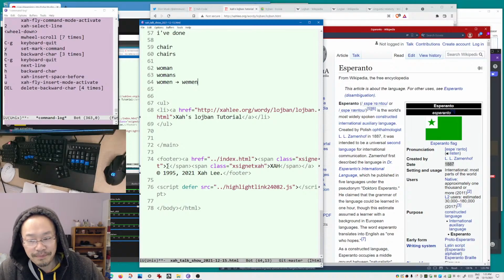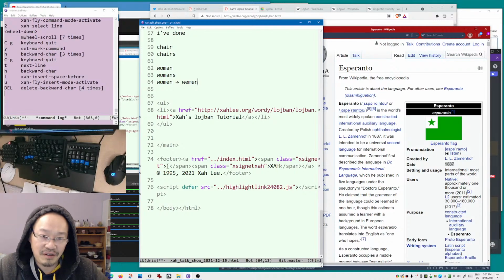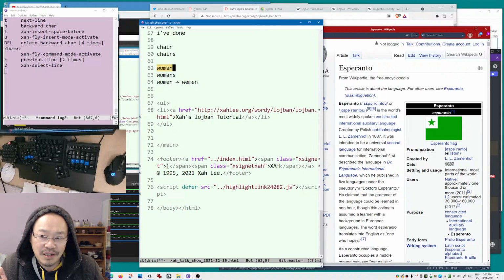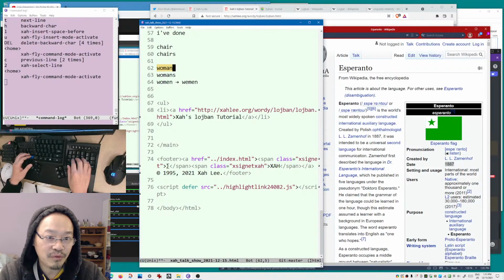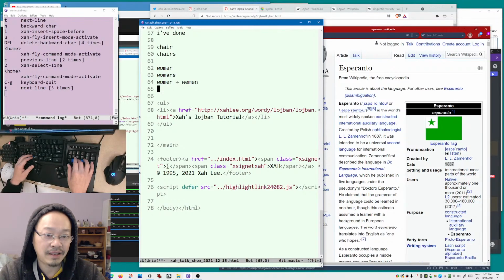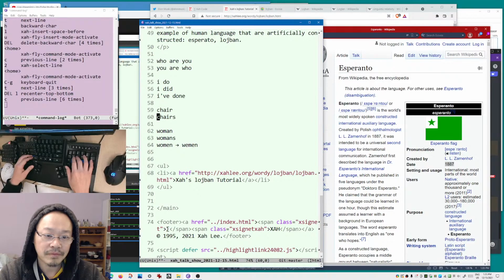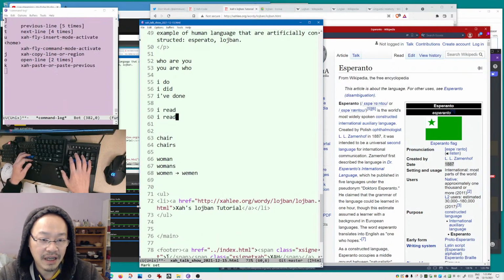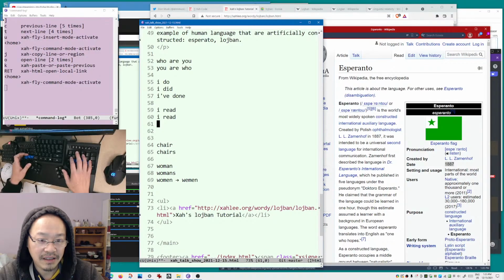If you were born speaking English, you wouldn't notice. You think this is so natural. But if you came from China or Russia, this is fucked up. Okay, and also, for example, I do, I did, I've done. Then you have I read, then I read, then I read.